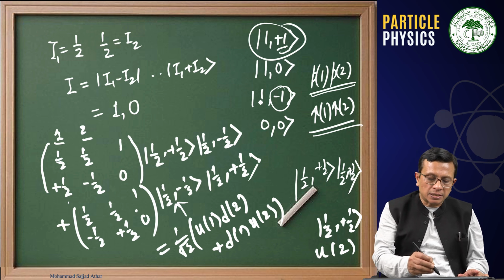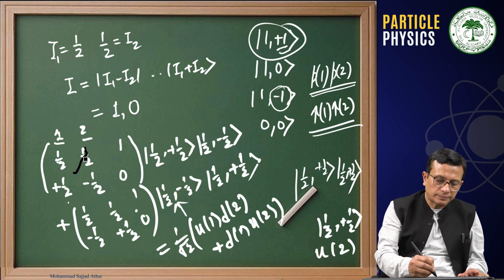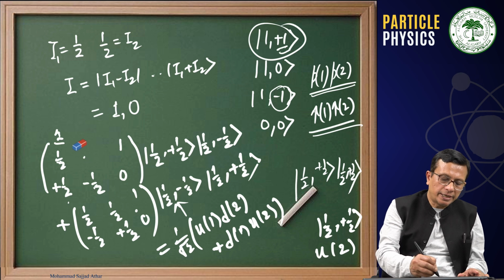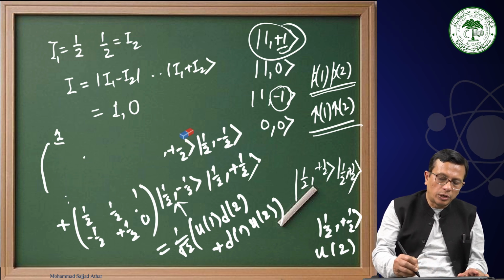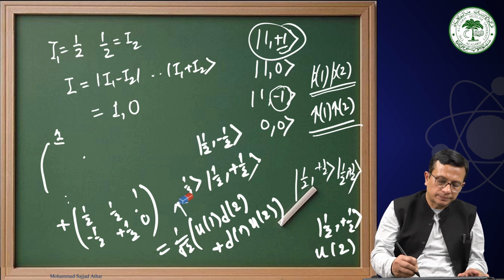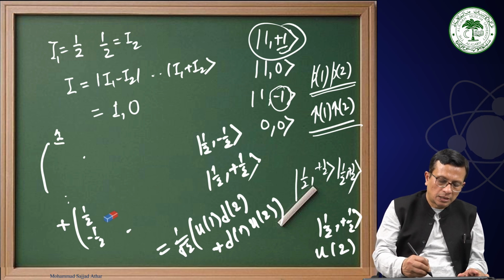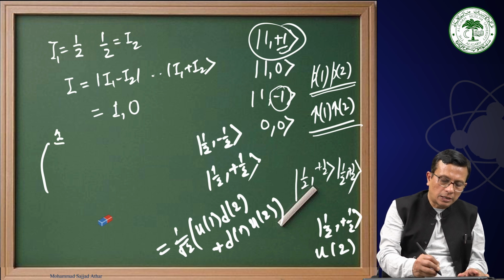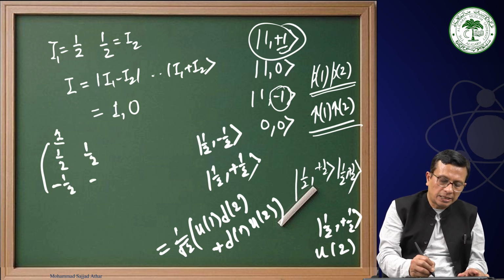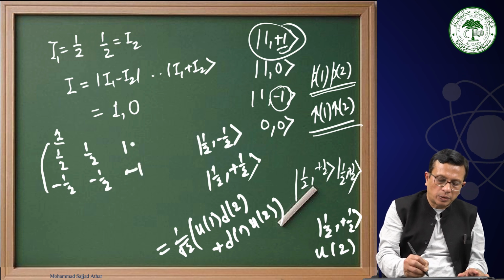Then in that case, we are going to write it as half minus half, minus half, 1 minus 1.